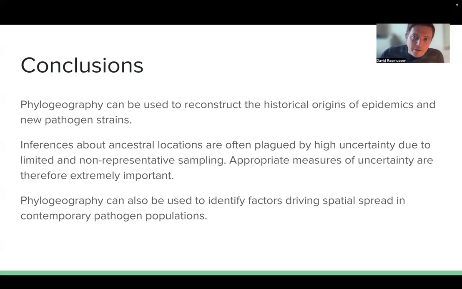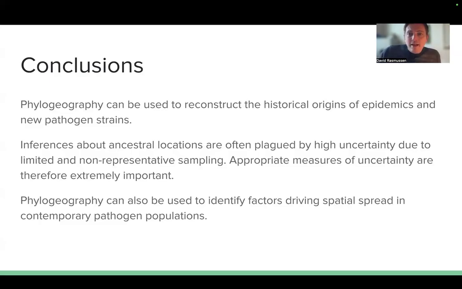But now phylogeography in recent years has also given us the ability to quantify what factors are driving the spatial diffusion or spatial expansion of different pathogens, both human pathogens, as we saw with the air traffic example of seasonal influenza, as well as agricultural pathogens like rice yellow mottle virus, where people have been able to link up what spatial or environmental variables actually explain how quickly viruses are able to diffuse across these complex landscapes, which is exciting because then we can actually learn about what factors are actually important for driving the spatial spread of these pathogens.